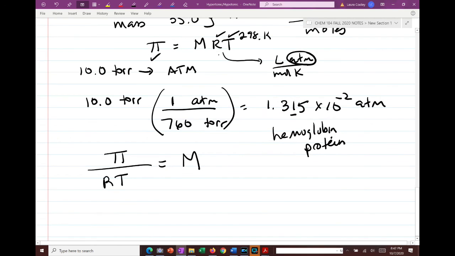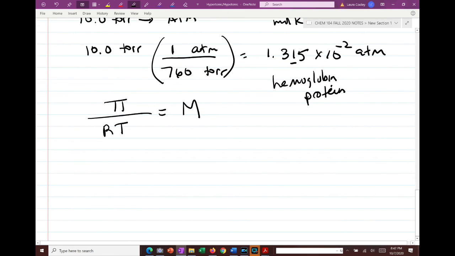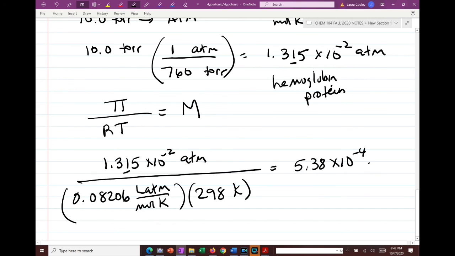It's only when you have an ionic compound, really, or some other strange situation where you'd need to worry about that i. So we take 1.315 times 10 to the negative 2 atmospheres. We divide it by 0.08206 liter atmospheres per mole Kelvin, and the temperature of 298. And we get 5.38 times 10 to the negative 4th molar.